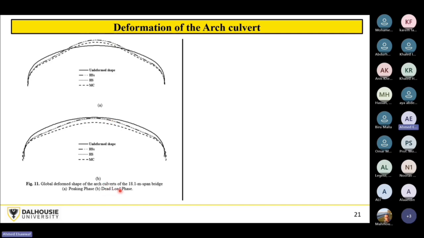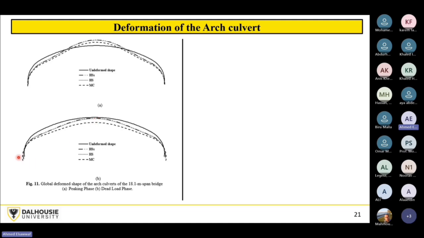In the dead load phase, which means that you have constructed the structure completely and you have the full cover over the crown backfilled and placed in position, you can see that the Mohr-Coulomb model is overestimating the downward movement.